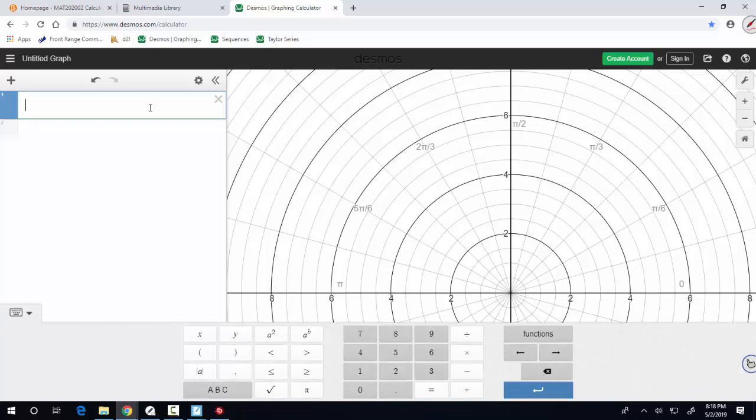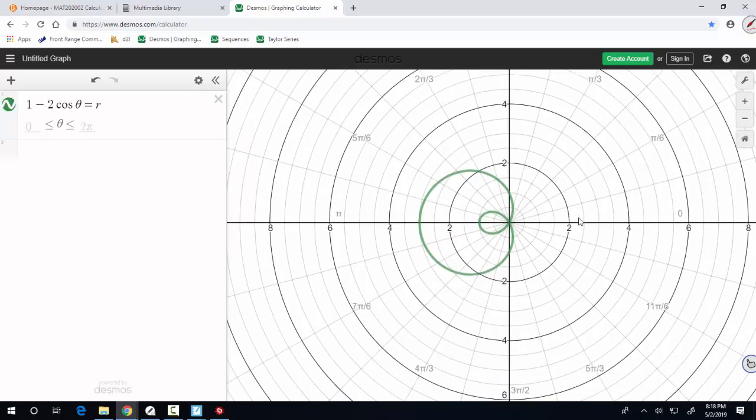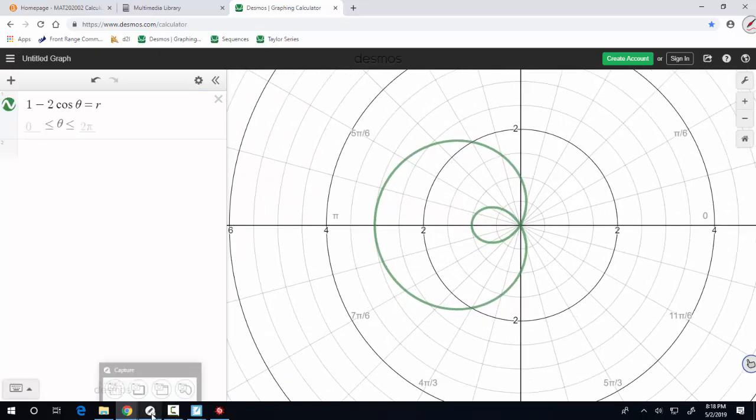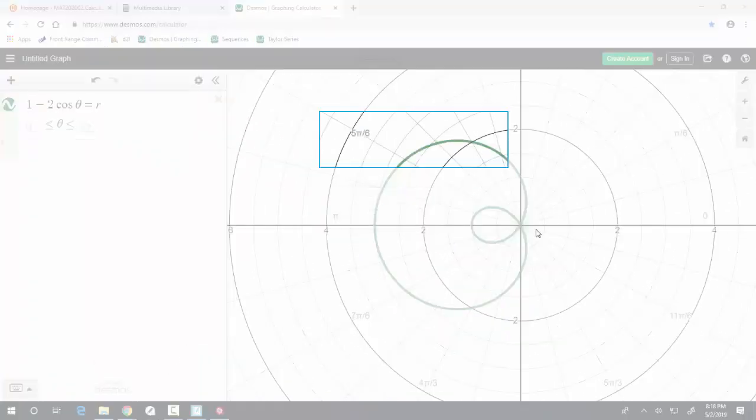1 minus 2 cosine theta, when A and B aren't equal. So we've got our inner loop here.